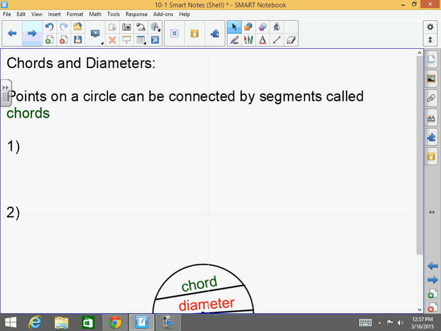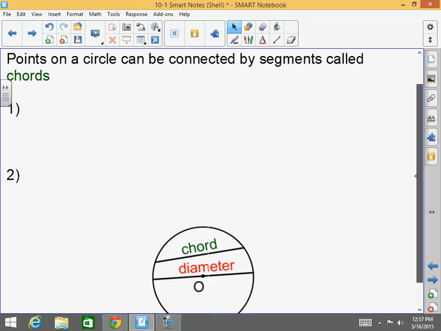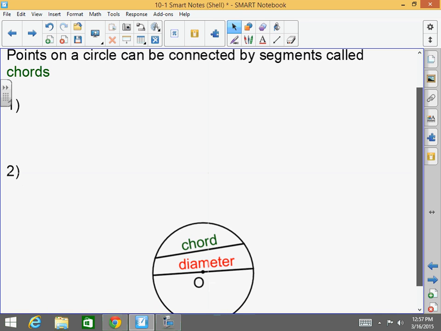Let me go ahead and put up the drawing here so everyone can see what chords and diameters are. Points on a circle can be connected by segments called chords. There are two types of chords, really.